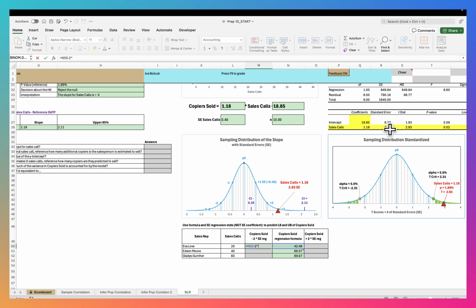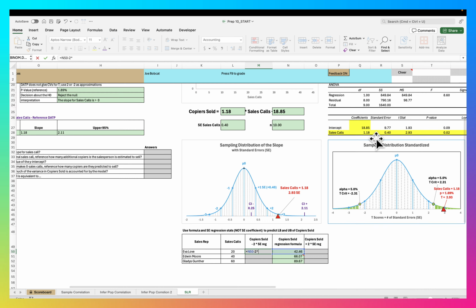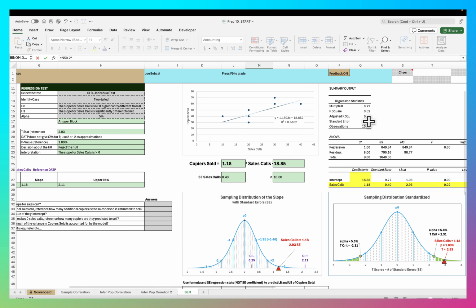So we don't use this standard error for the coefficient. Instead, use this guy up here from the regression statistics. Why? Because this is the standard error for the whole model. In other words, for the whole regression equation. So it would tell you how far off the entire equation could be, taking everything into account.